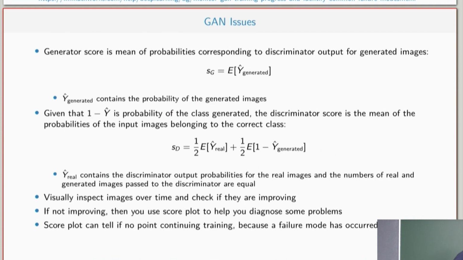The loss for the generator is given by the average of the discriminator score given to the outputs produced by the generator. That's what y hat means. Y hat contains the probability of the generated images, given by the discriminator. The generator produces some output, and the discriminator gives a score on that.